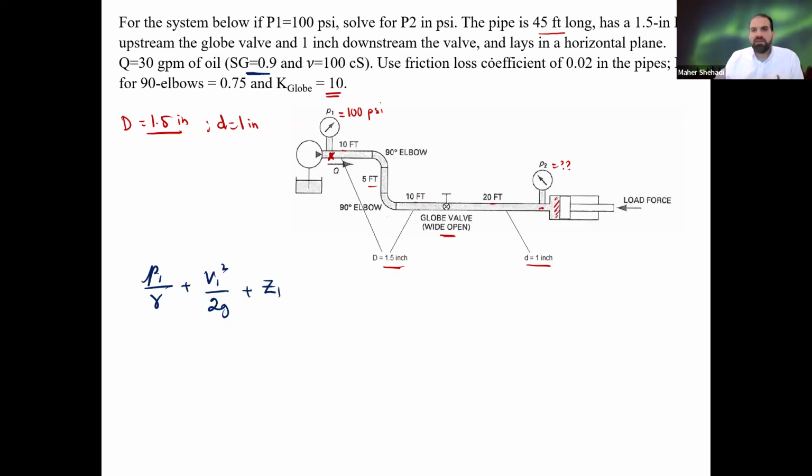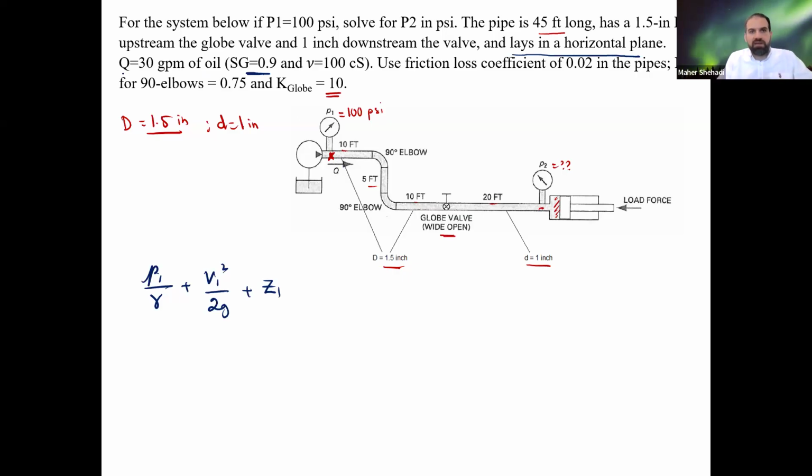It's all in a horizontal plane, which means it's not vertical. As you can see, you're looking from the top, so it's in the same plane. So we don't have any difference between Z1 and Z2. I hope this is clear.